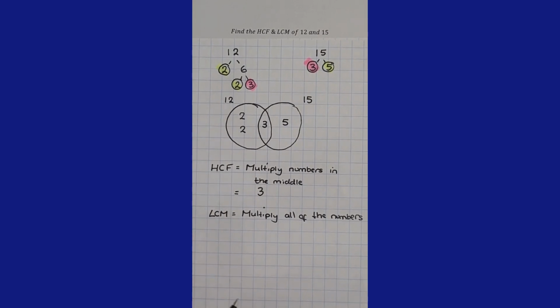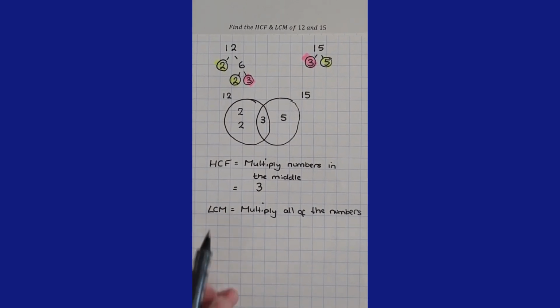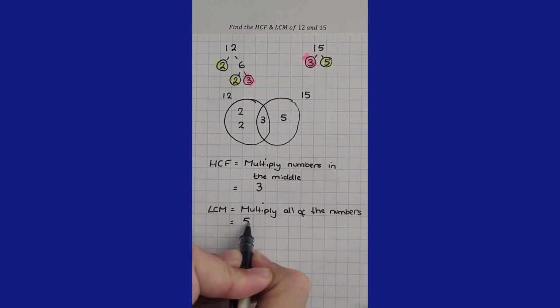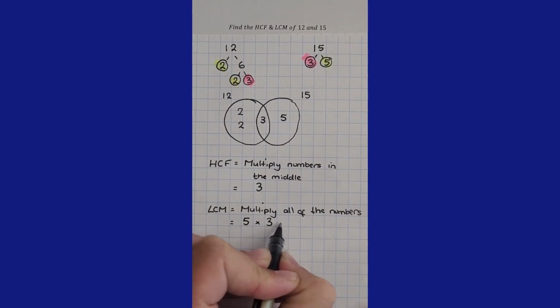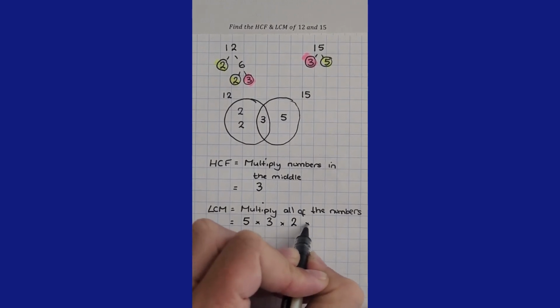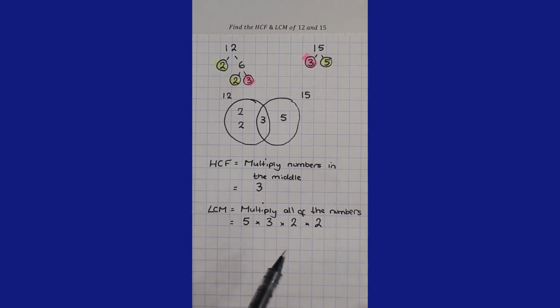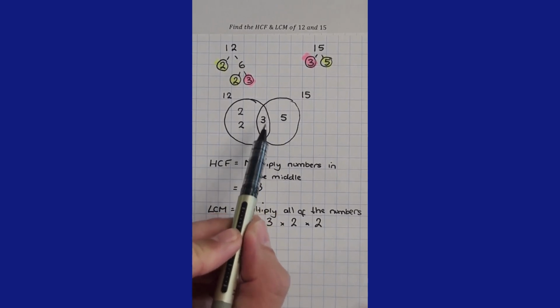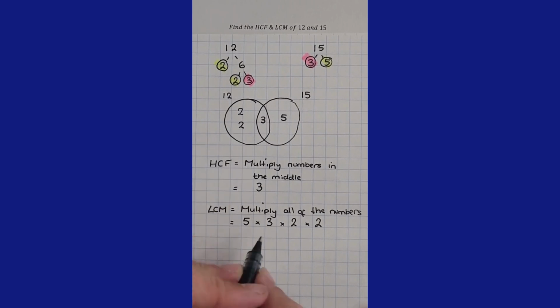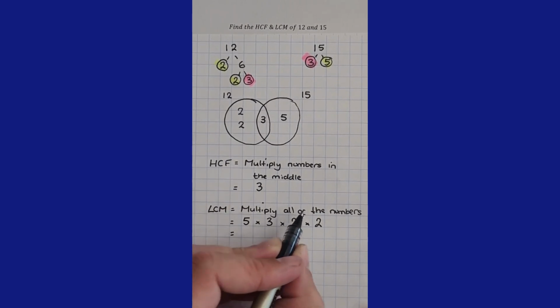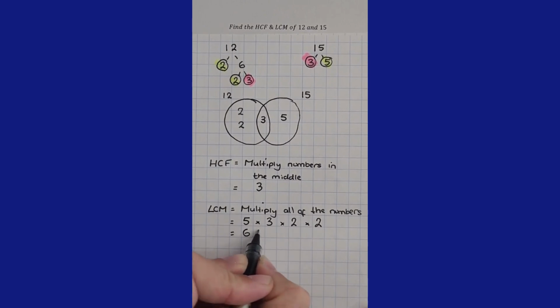So it eliminates us accidentally multiplying 3 twice. So if we multiply all of the numbers, now again, my advice for this is to multiply the larger numbers first and then by the smaller. I just think it's a little bit easier to multiply. So what I'm doing, 5 times 3 times 2 times 2. 5 times 3 is 15, double it is 30, and double that gives me 60.